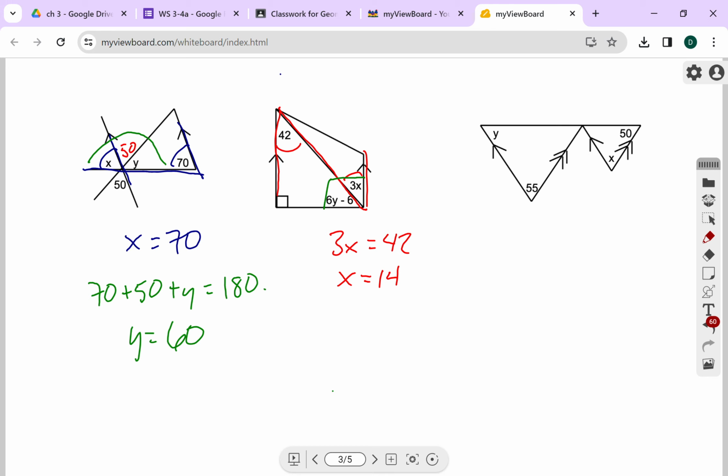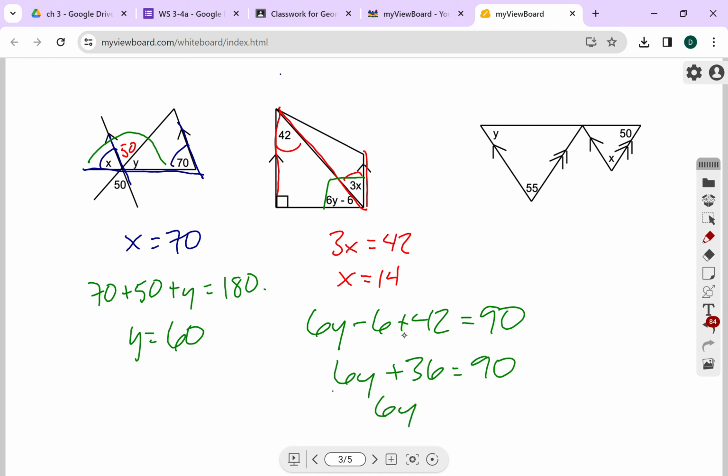So since 3x was 42, I can say that 6y, oops, looks kind of weird. Try that again. I can say that my 6y minus 6 plus 42 equals 90. So 6 minus the 42, that's a 36, right? So 6y plus 36, excuse me, equals 90.